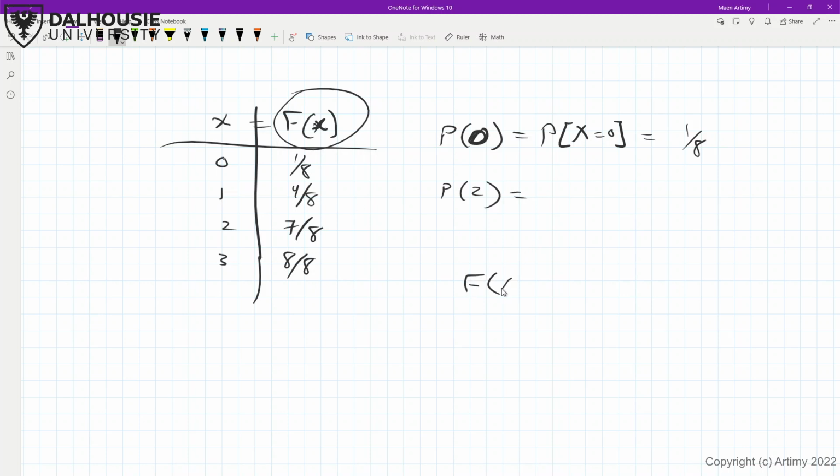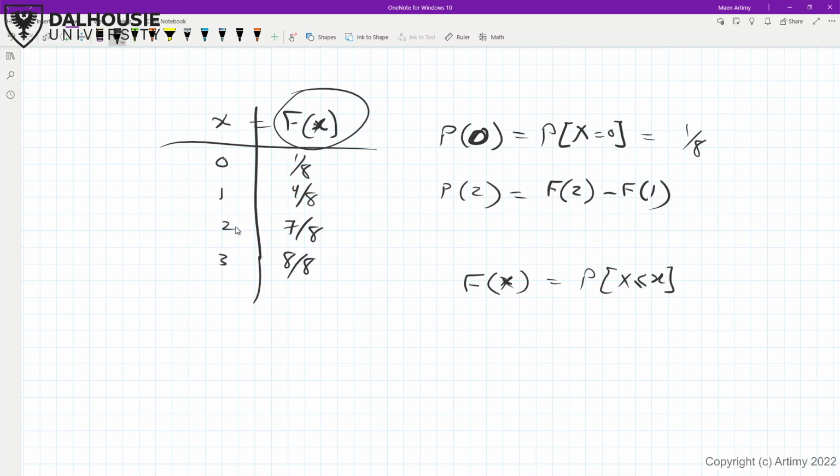F of x here represents the probability of X less than or equal to a certain value, right? Try to differentiate between the small x and capital X. So to isolate the probability of 2 only, I have to do f2 minus f1. Why?